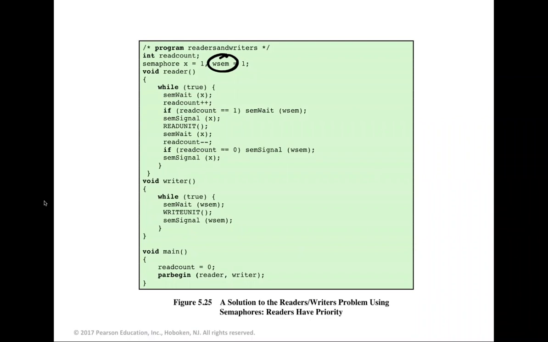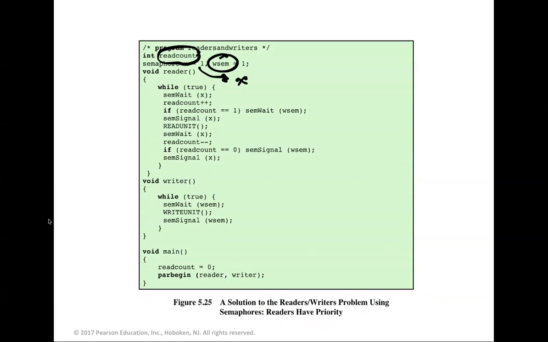Also, the global variable read count is used to keep track of the number of readers, and we have another semaphore X over here, used to ensure that the read count is updated correctly.